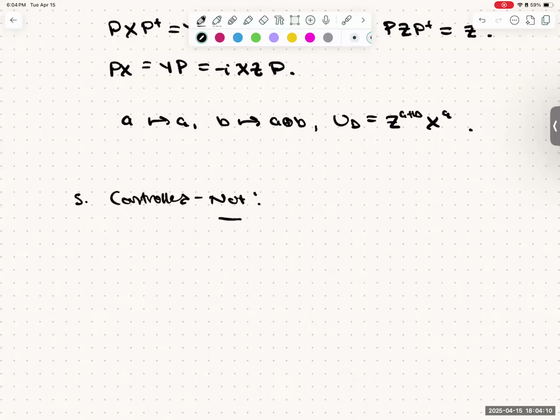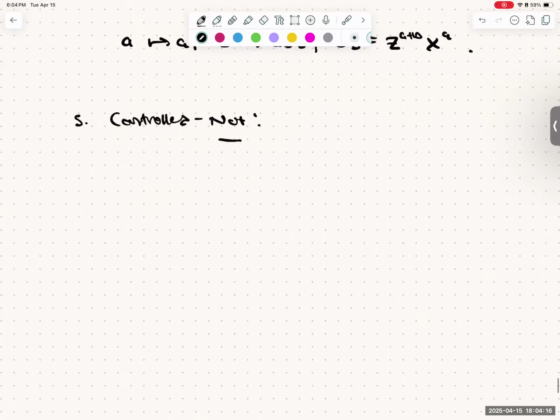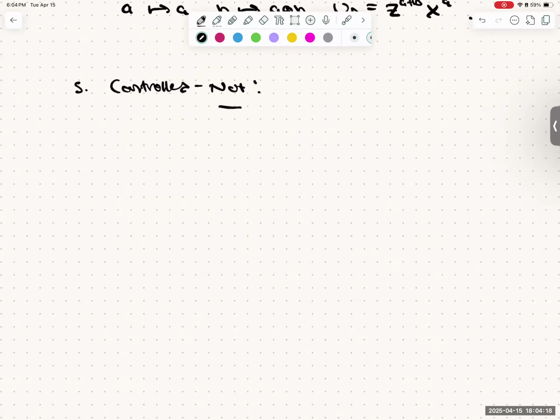This one is basically, I will try to not do this in so much detail. The idea is now I will have a bipartite, 2-qubit thing. So I have 2 quantum lines, and I'm applying this.